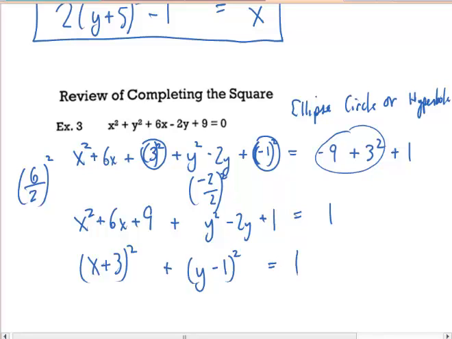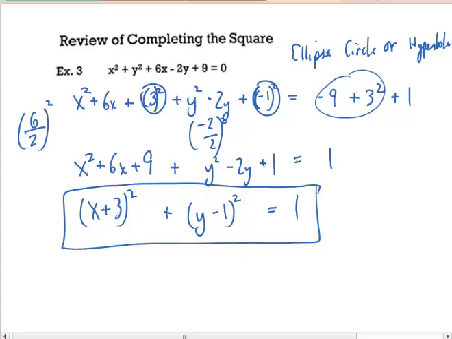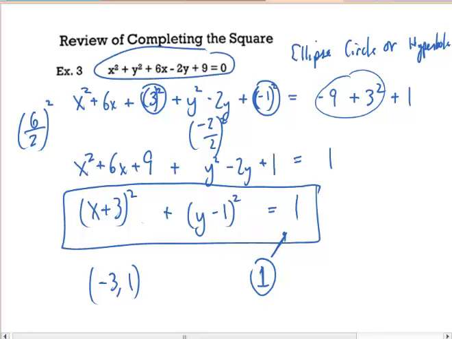And this happens to be a circle, a general circle equation, that has just been moved. Its center is at negative 3 comma 1, and the radius is equal to 1. You can plot that on Desmos just to verify it. You can either plot this equation or plot the circle equation in standard form.